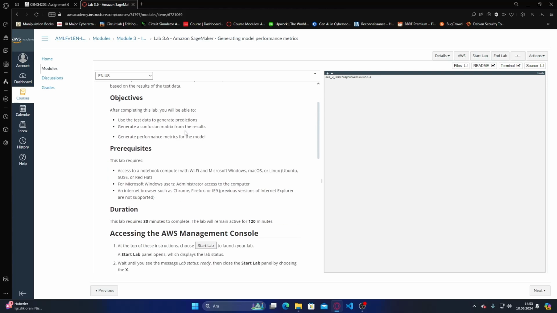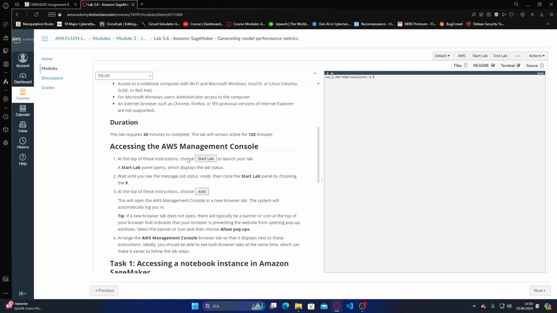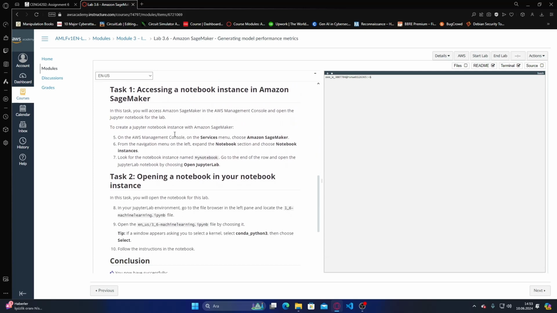In this lab, the objectives are to use the test data to generate predictions, generate a confusion matrix from the result, and generate performance metrics for the model. Here we're going to start accessing the notebook instance in Amazon SageMaker and opening the notebook.